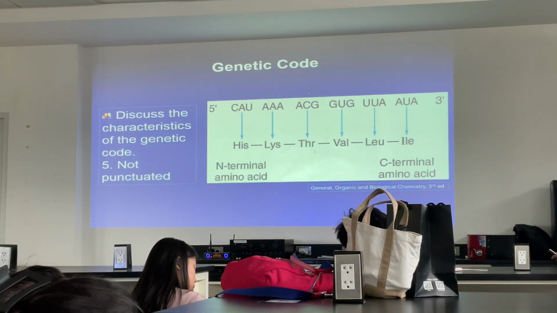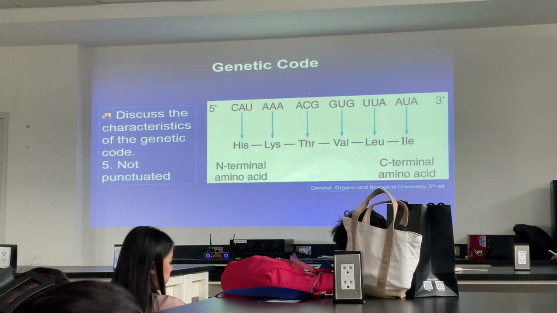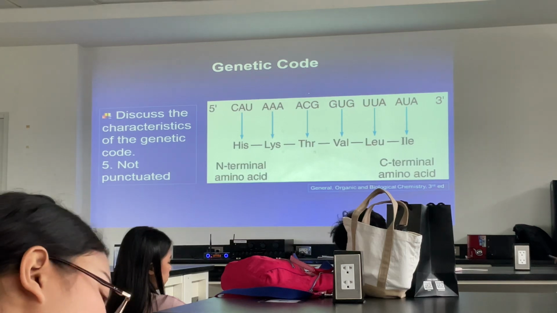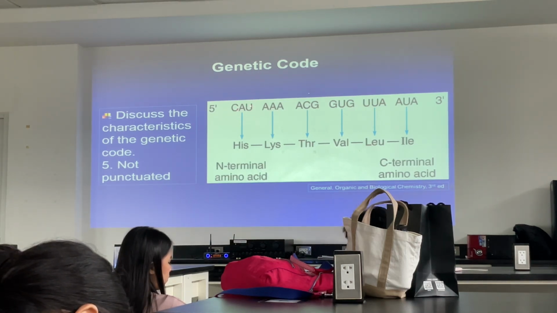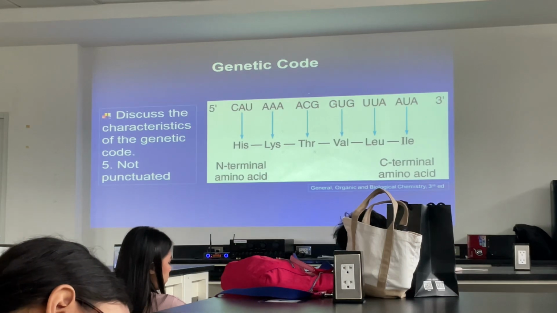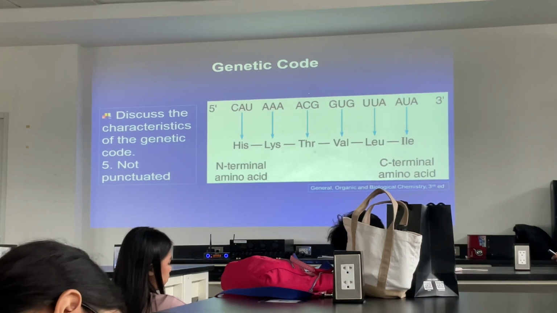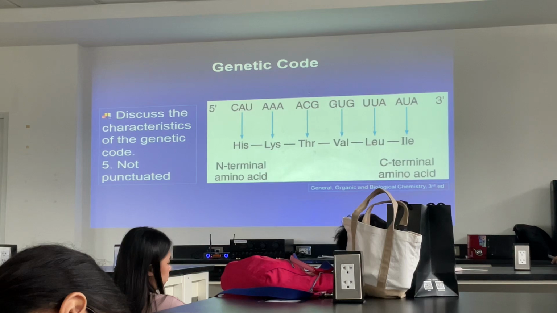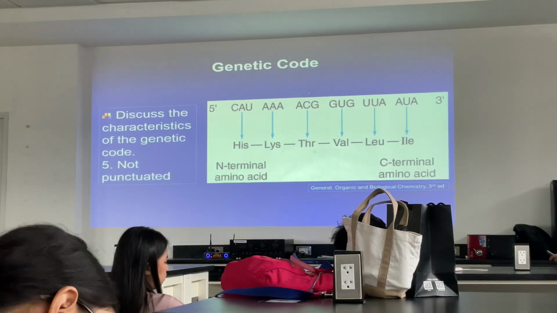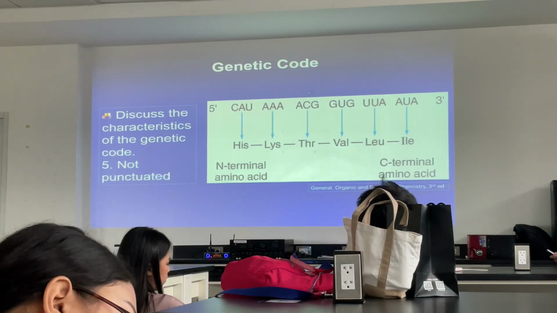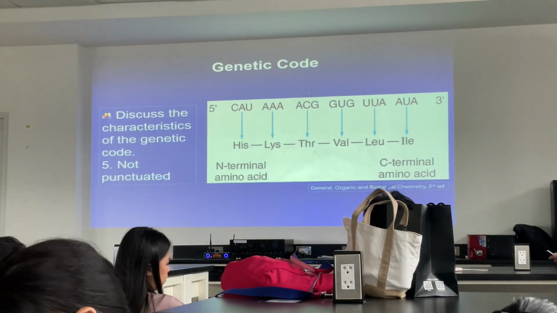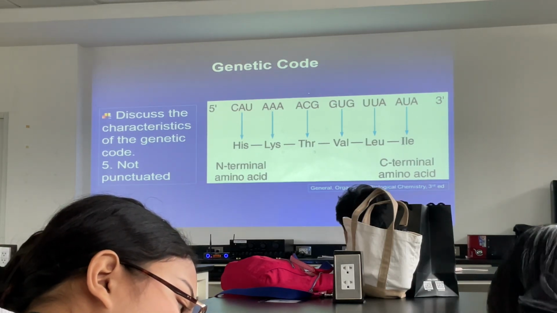Because the introns have been removed during splicing. So that once the initiation codon is being read, then the ribosome will continue reading until it ends in the stop codon. So not punctuated, it's commaless. So those are the 5 characteristics of the genetic code.